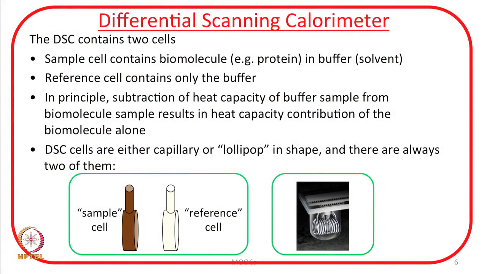And let us take a look at the comments. The DSC contains two cells. Sample cell contains biomolecule, protein in buffer, solvent. Reference contains only buffer. In principle, subtraction of heat capacity of buffer sample from biomolecule sample results in heat capacity contribution of biomolecule alone. And this is precisely the reason for making the differential scanning calorimeter with two cells.